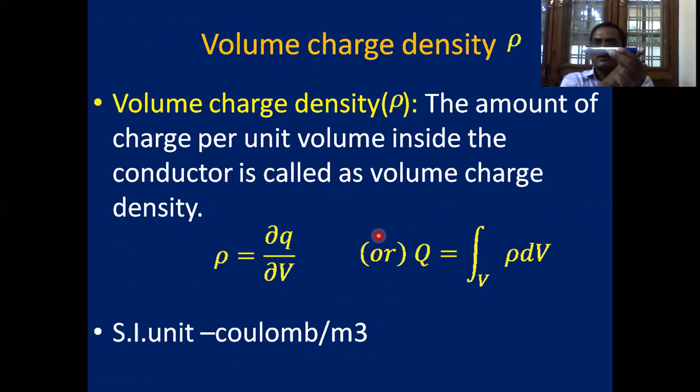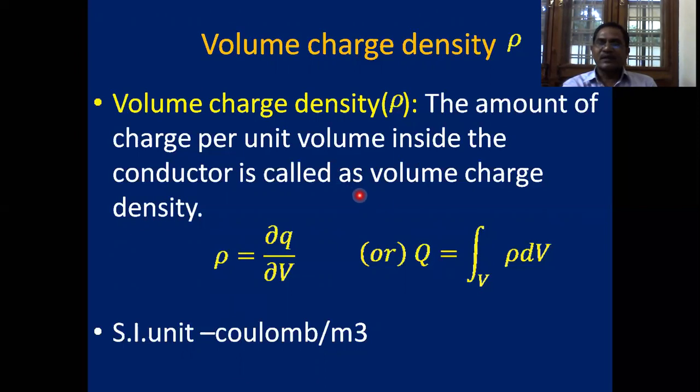Here the current is nothing but the flow of charge of free electrons. So here we consider the term volume charge density. Since the conductor has some volume, the electrons are moving through that volume of the conductor. The amount of charge per unit volume inside the conductor is called volume charge density.